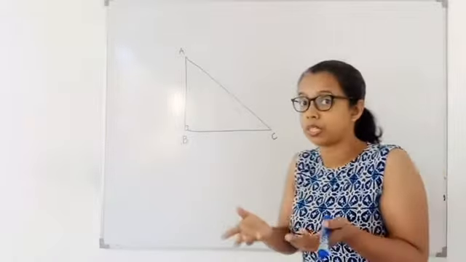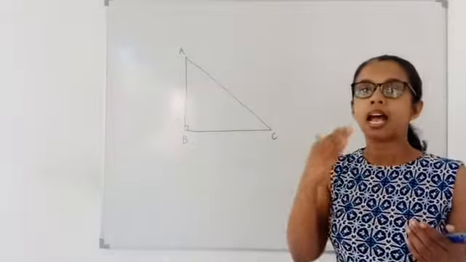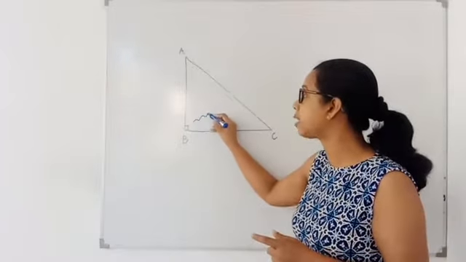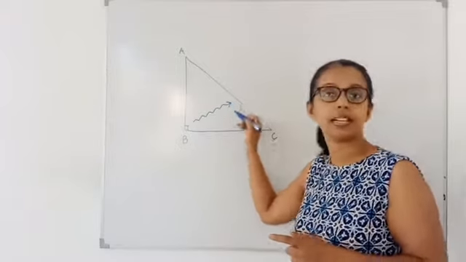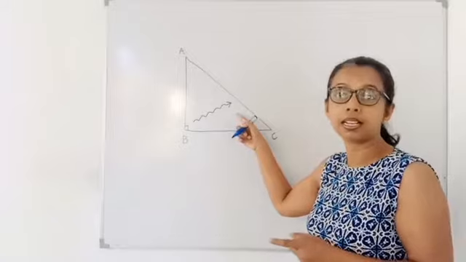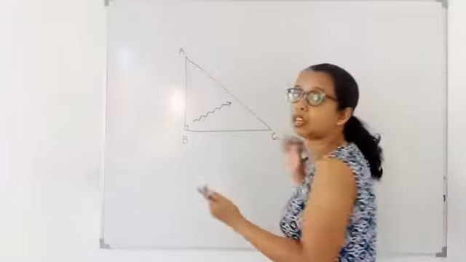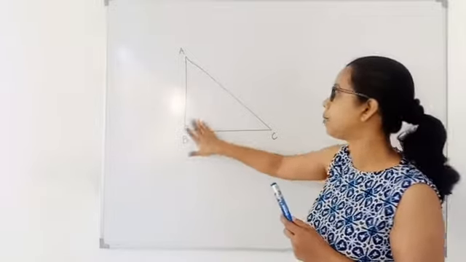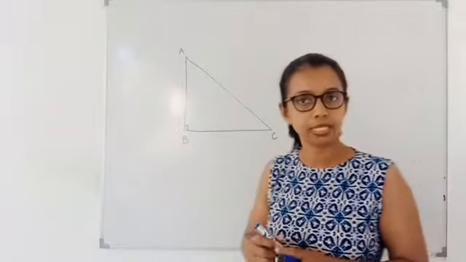What was the definition I gave you? The side which is exactly opposite to the right angle, or else the longest side of this right angle triangle, we name as the hypotenuse, right?